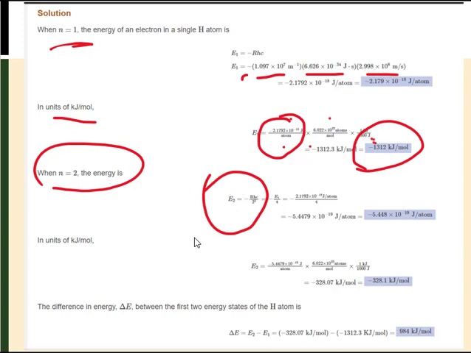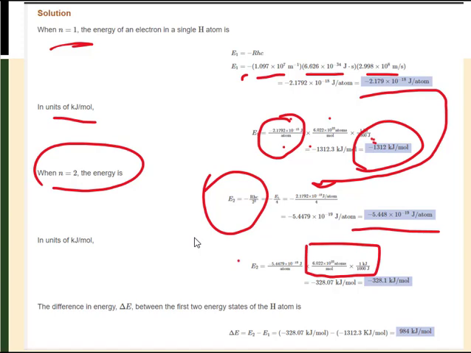So I'm going to take the answer that I got from up here, because that's the top number, and divide it by 4. So I should get negative 5.448 times 10 to the negative 19th joules per atom. And again, I'm going to change that into kilojoules per mole using the same conversion factors, with joules on the bottom and atoms on the top.